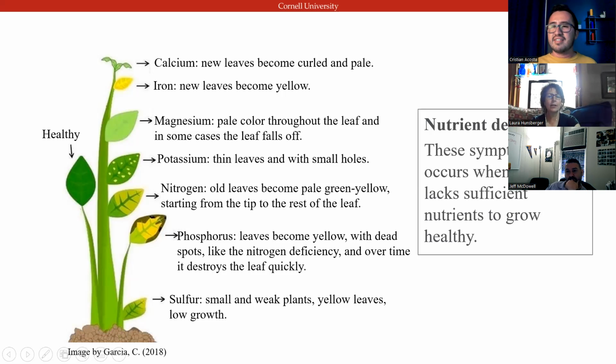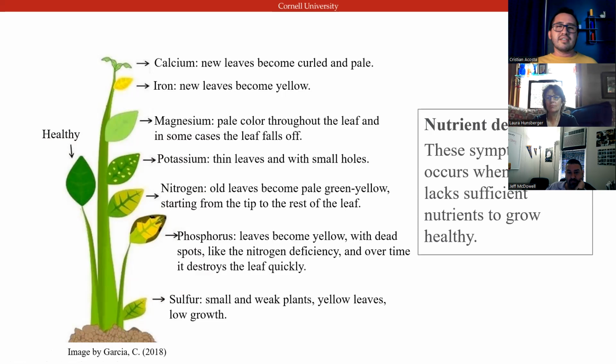How do you tell if it's just a variegated leaf or if there's a nutrient deficiency? Well, sometimes it can be tricky. For example, some viruses start producing some of these signs, like a lack of potassium.